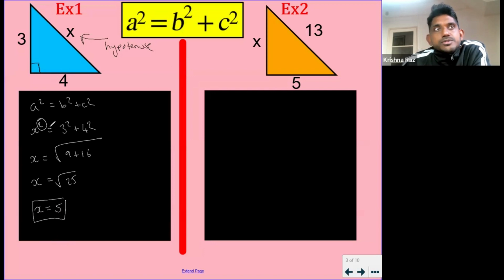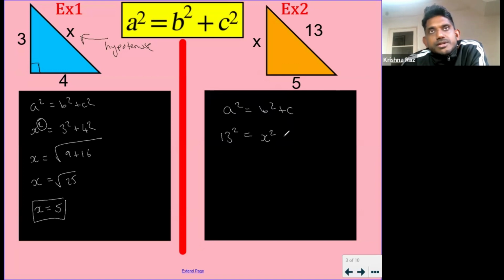We look at example 2. This time we are given the hypotenuse. So we have A squared equals B squared plus C squared, but this time we know what the longest length is. We don't know one of the shorter sides. So what's the opposite of adding 5 squared? You got it, we minus it.